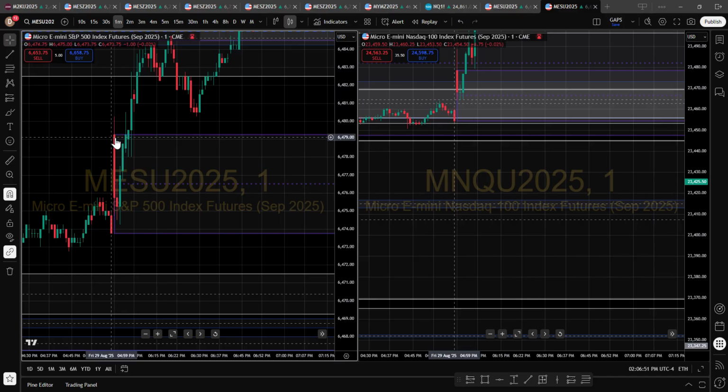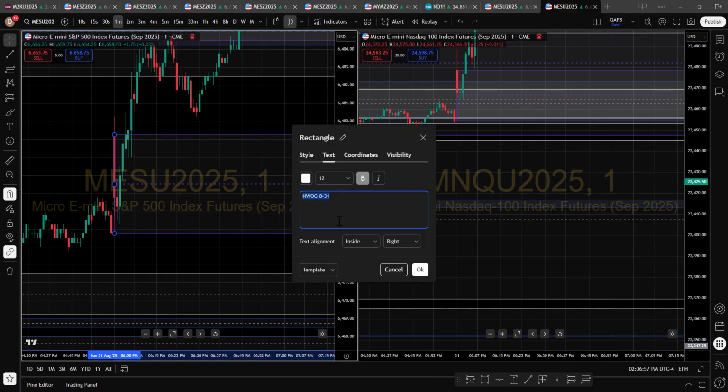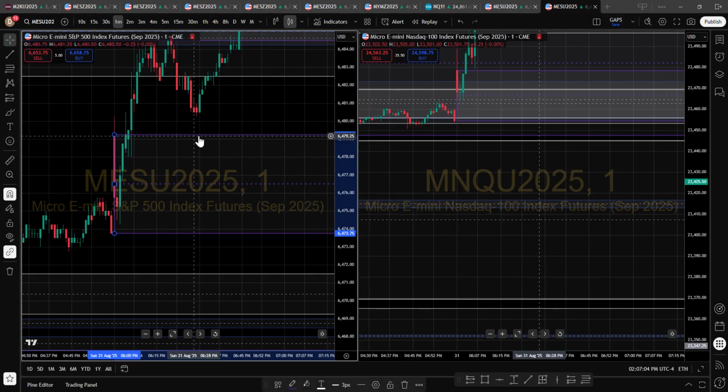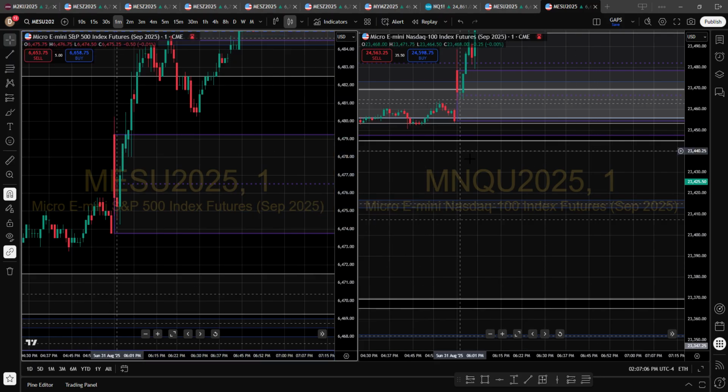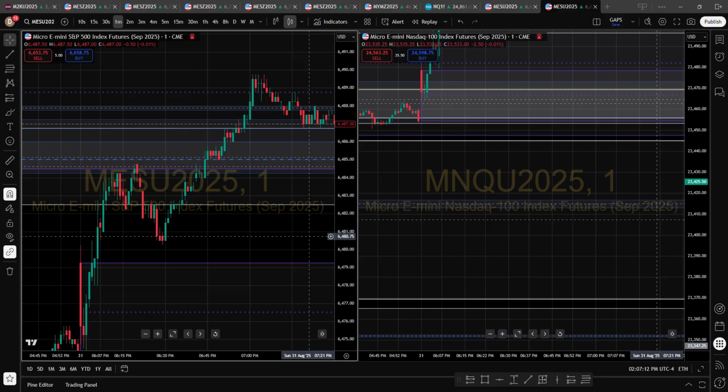Sunday we opened here. So I just use purple, it's just the color, and then I move those out to the right. But I make a note, new week opening gap 8/31. I put it on for the Sunday. That's just how we think about it. Some people put that for the Monday for the week starting. Doesn't really matter. Same thing here in the NQ.